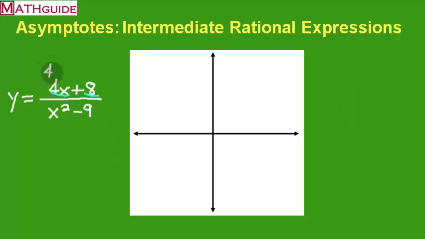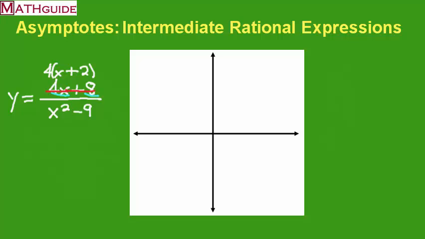So I'm going to take out a 4 and factor it, so it would be 4 times x is 4x, and we're going to have 4 times 2 is 8. Okay, it's been factored, so what I'm going to do is just kind of gently cross it out.